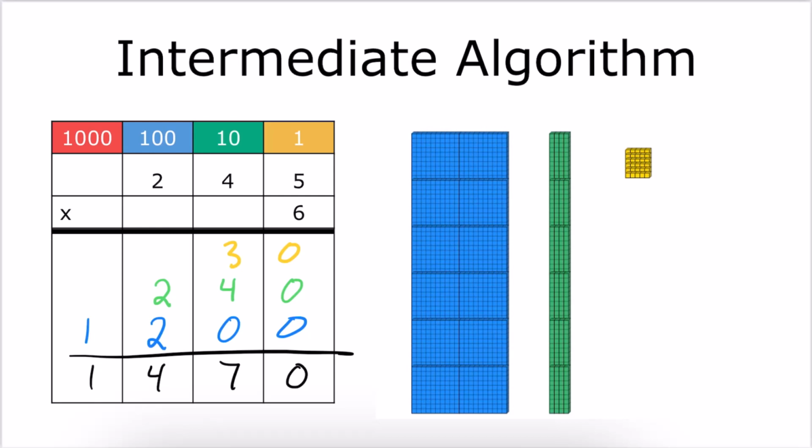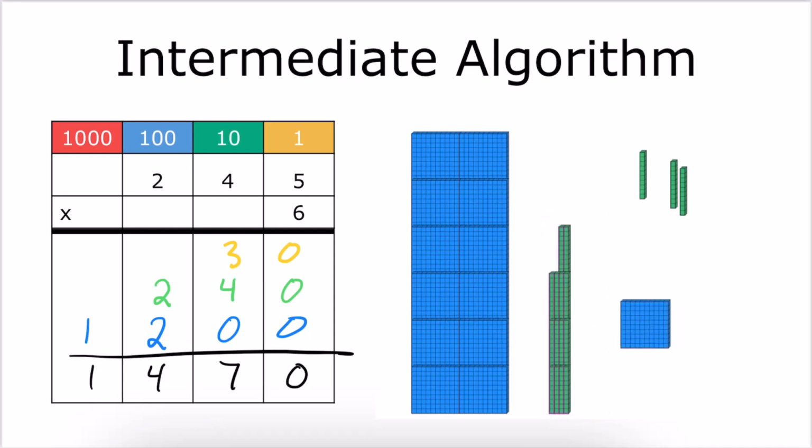So when I said 5 times 6 is 30, I could regroup these into tens. So there's 1 ten, here's another ten, and here's another ten. And so that visually shows why I wrote down 30. And then with the 24 tens, I can regroup those as well. So there's 100 and another 100.